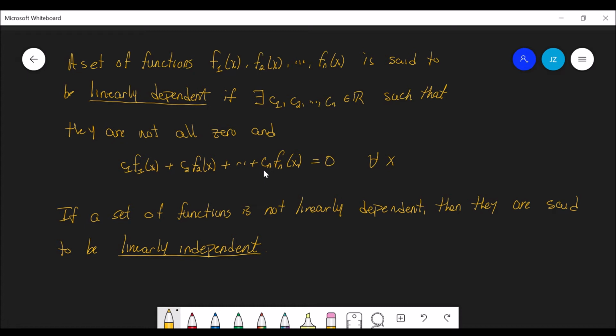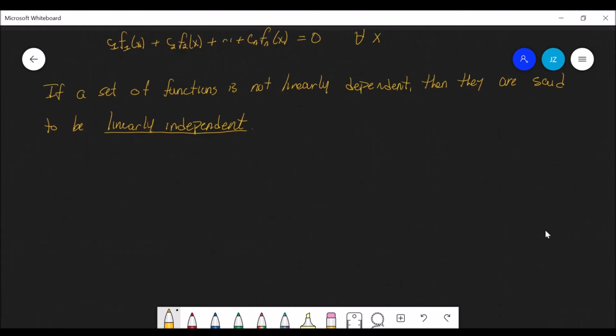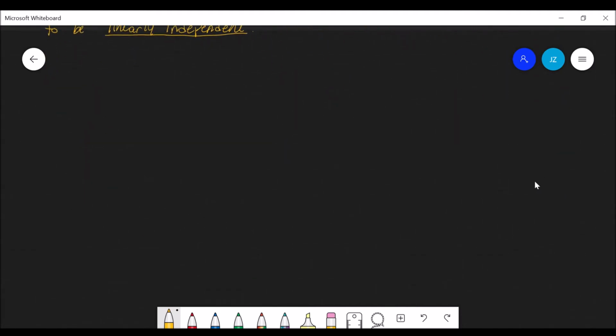So let's take a look at the set of functions. f1 of x is equal to sine squared of x. f2 of x is equal to cosine squared of x. f3 of x is equal to secant squared of x.